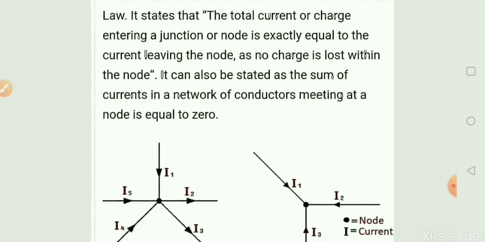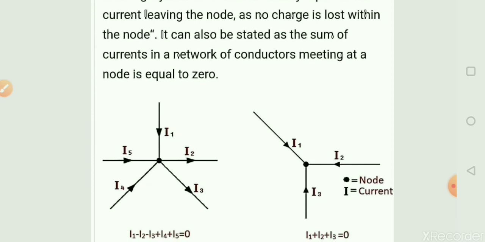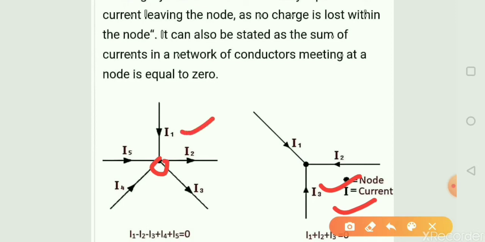Here the node is denoted by this and I is the current. This is a node and it has 5 branches. I1, I4 and I5 are incoming currents and I3 and I2 are outgoing currents.